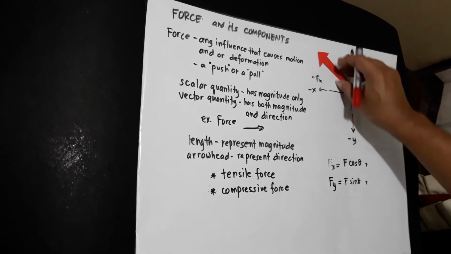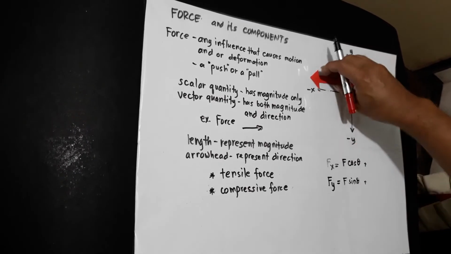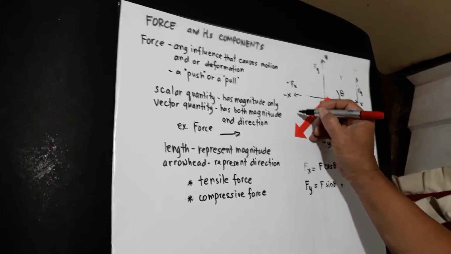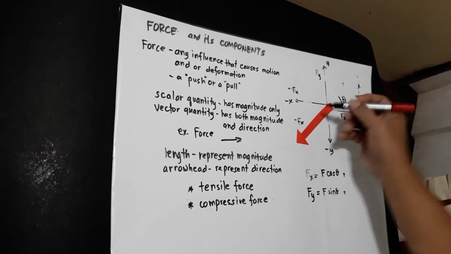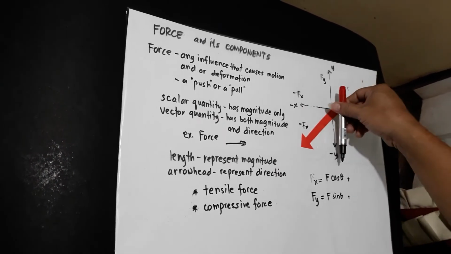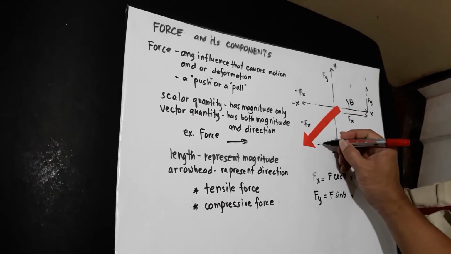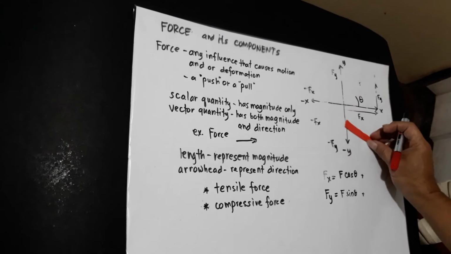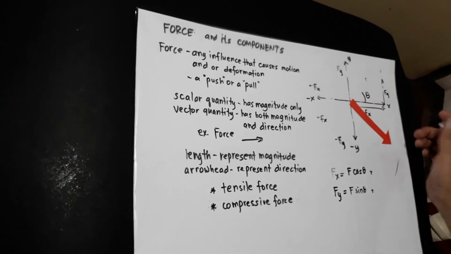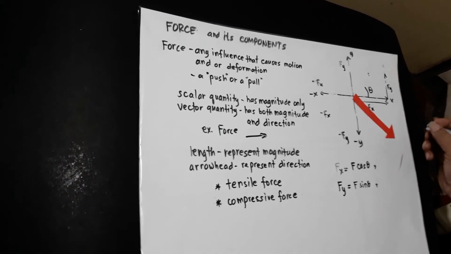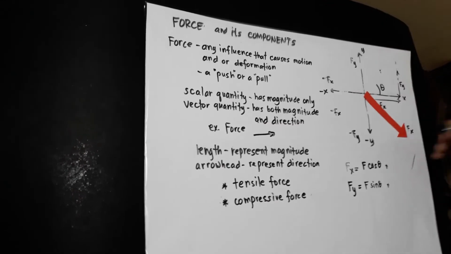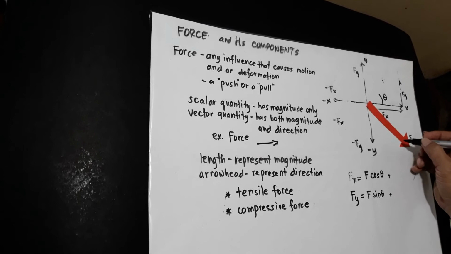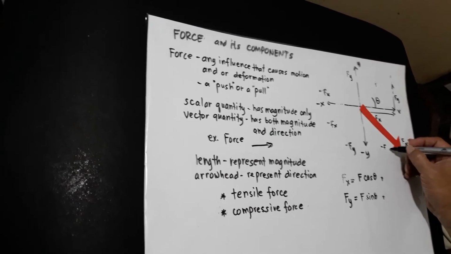But if the force is located in the third quadrant, the x component will be negative because it is going to the left, and also negative for the y component. And if the force is in the fourth quadrant, the x component will be positive, while the downward component will be negative.